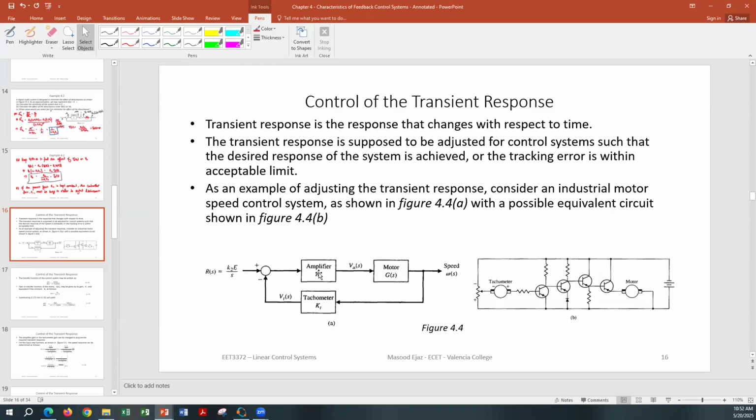And you have the amplifier controller, basically amplifier gain Ka, motor transfer function Gs, and tachometer gain, I believe, is Kt. The output speed is omega S, and the tachometer is going to convert the speed into a voltage, which will be compared against the input voltage to produce an error, and that is going to control the gain of the amplifier.